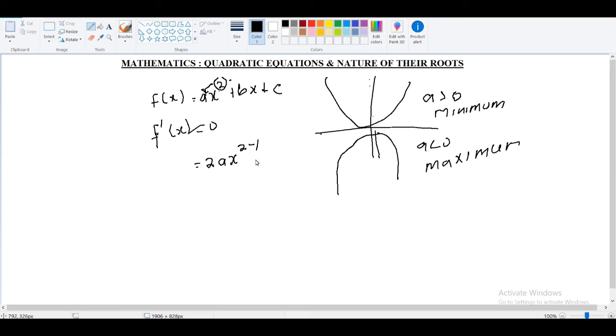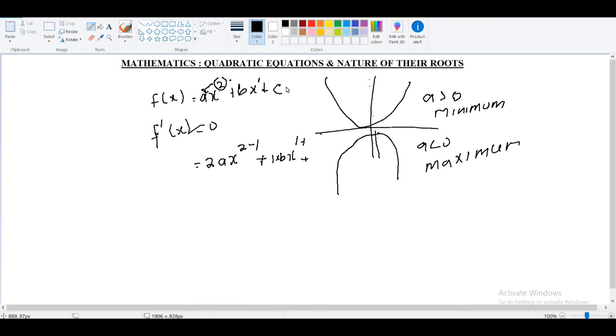Plus, what is our exponent here? Our exponent is 1. So you say 1 times b x to the power 1, and from that 1 you subtract a 1.